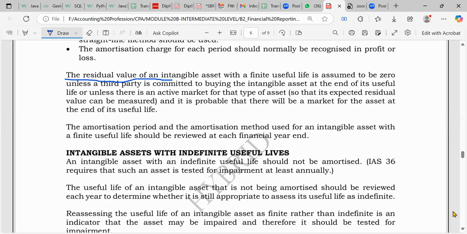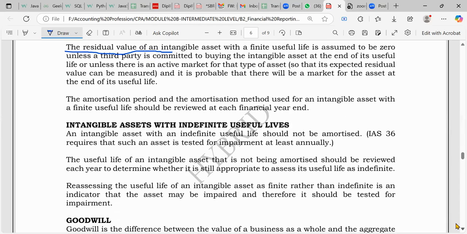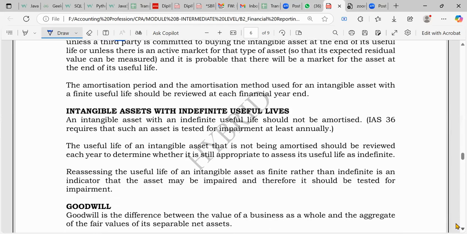Now, this is what you need to know. For example, for tangible assets like land, usually it has an indefinite useful life, right? Yes, you can also have intangible assets with indefinite useful life.